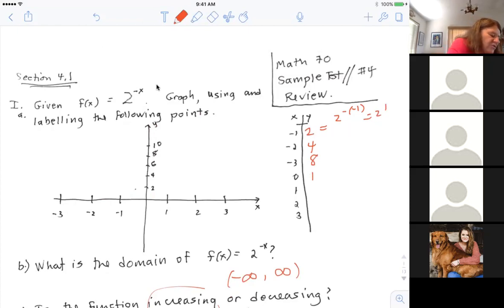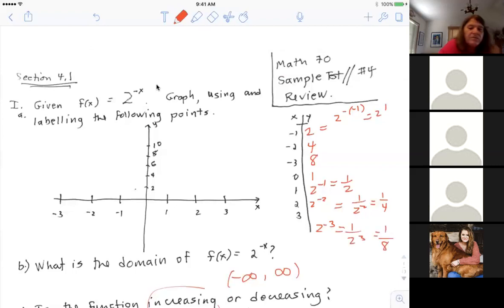Now, guys, 2 to the -1, because that's a negative power, is the same as 1 over 2 to the 1st. So that's 1/2. 2 to the -2 would be 1 over 2 squared, which would be 1/4. And 2 to the -3 would be 1 over 2 cubed, which would be 1/8.